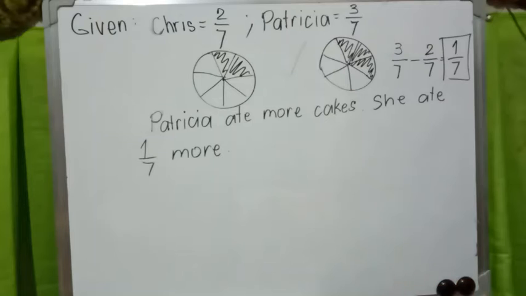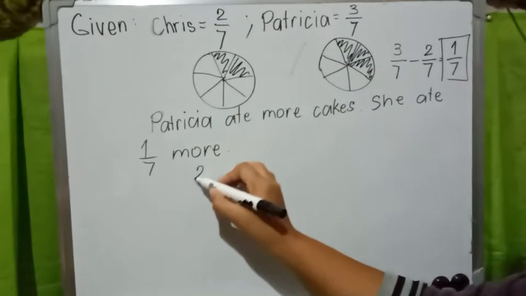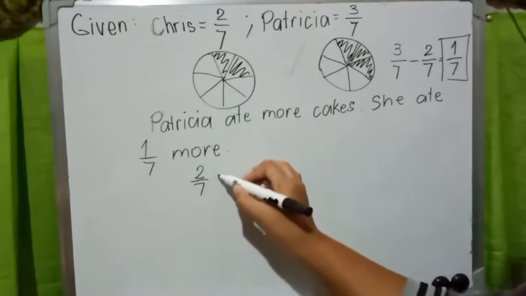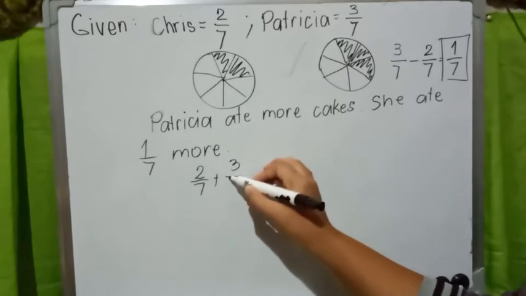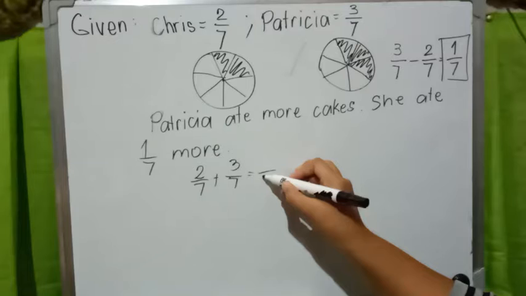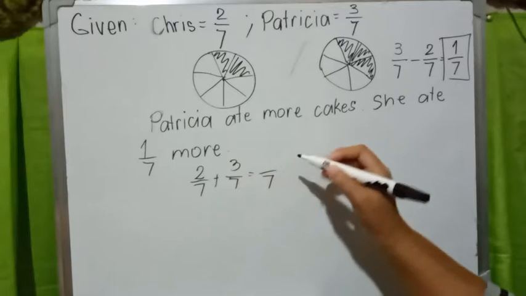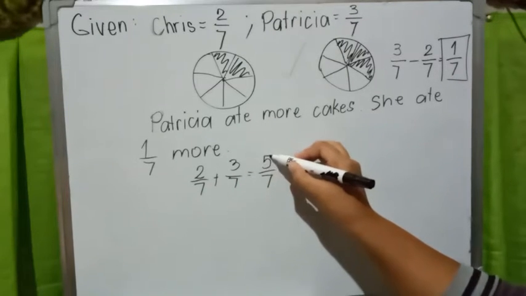Now, the second question would be, how much cake did they have together? When you say together, that is a keyword for addition. So we'll need to add our 2/7 and 3/7. So we have 2/7 plus 3/7. Again, you have the same denominator, so we'll just copy 7. 2 plus 3 is 5.